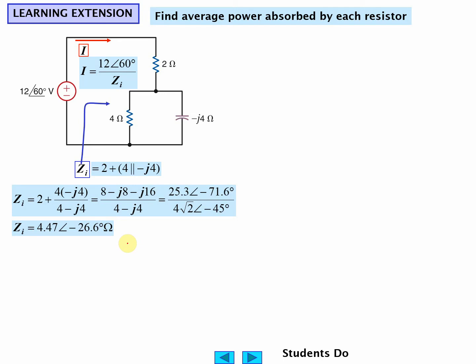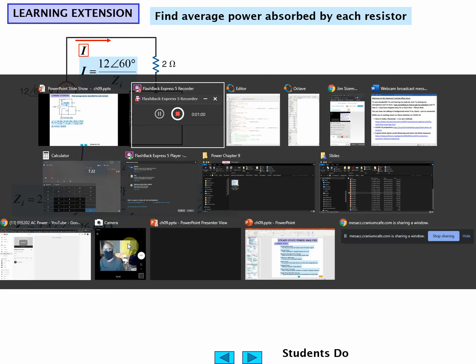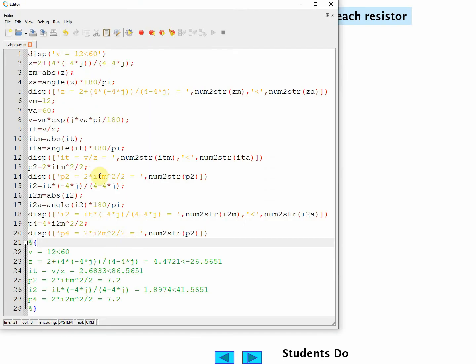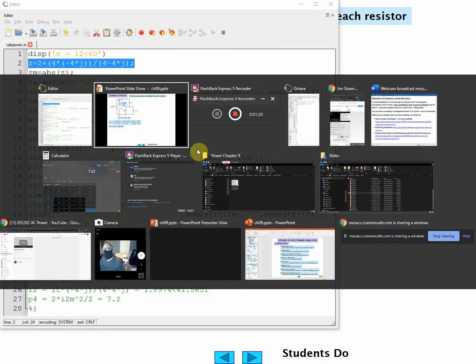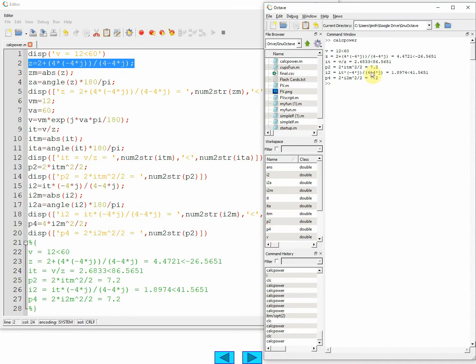I wrote a script in New Octave to do this. So let's see the script. I can put in the complex numbers in Z and then find the magnitude and angle. So I'm going to run it and go back over to New Octave and see how it runs.